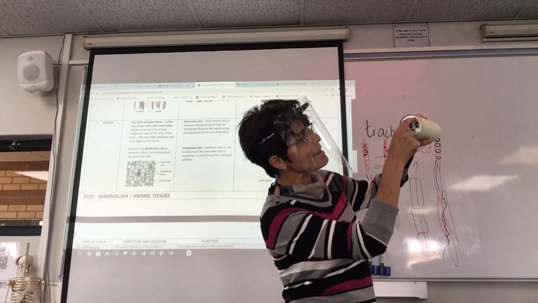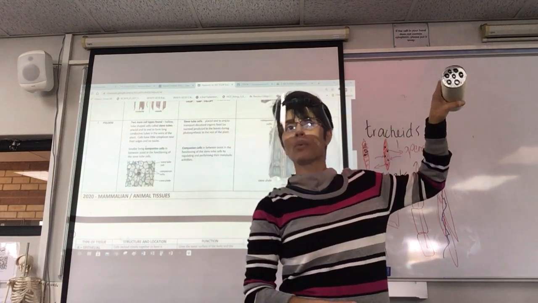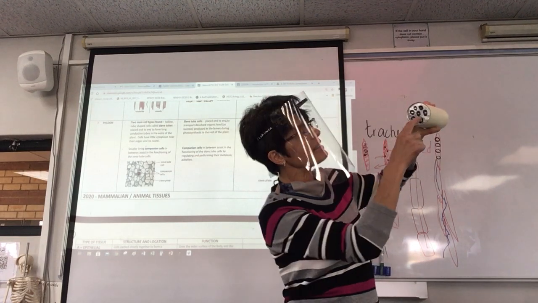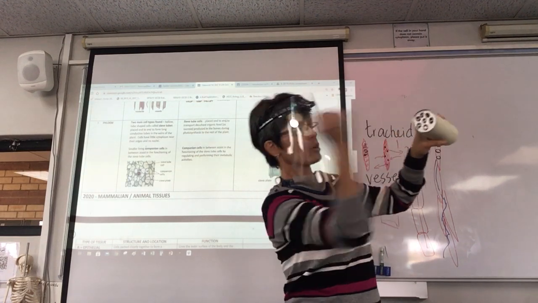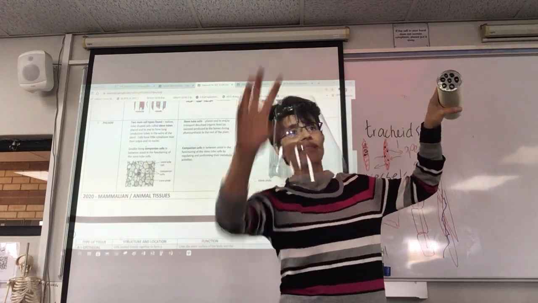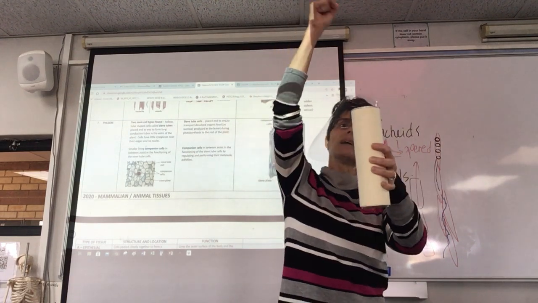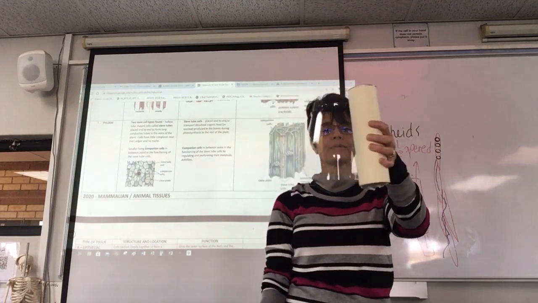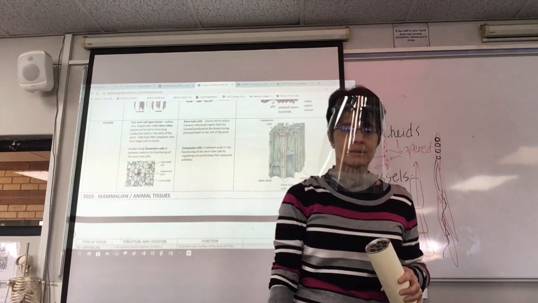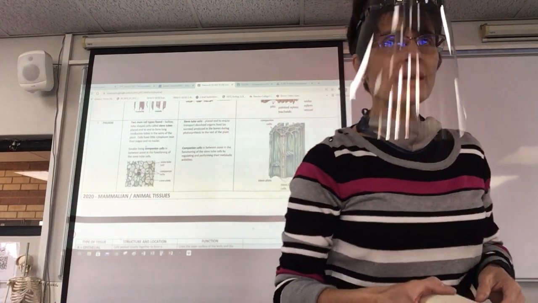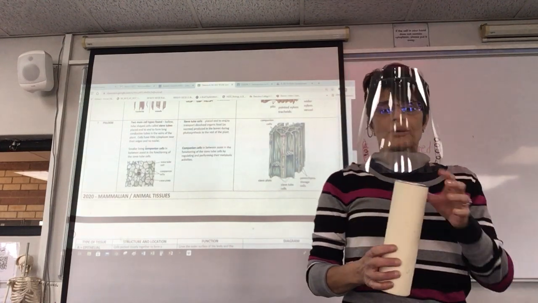Looks like the drain in your bath. So it's where that cellulose is broken down, and there's little holes in here. So I could punch holes in here. So now that sugary sap could pass from cell to cell as it moves down the phloem tissue.